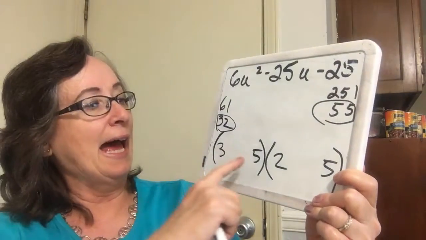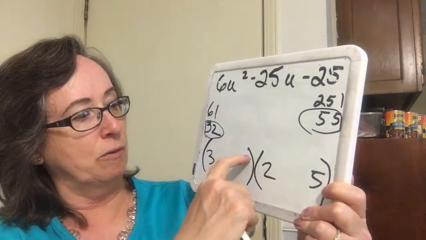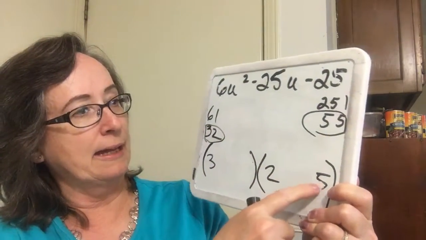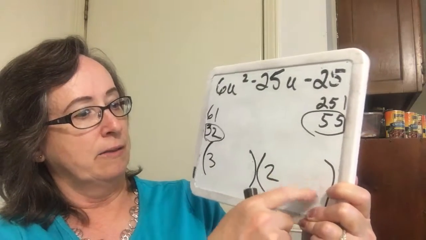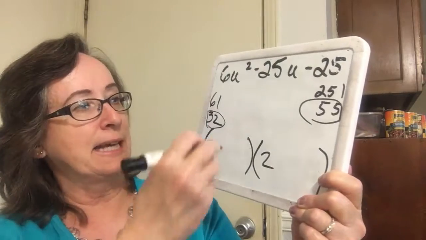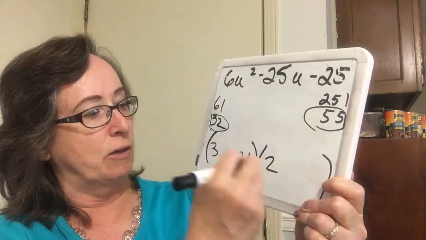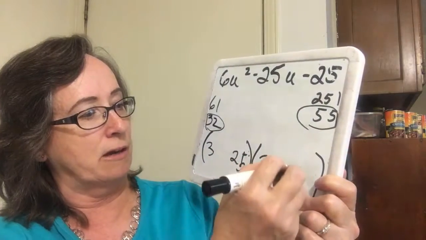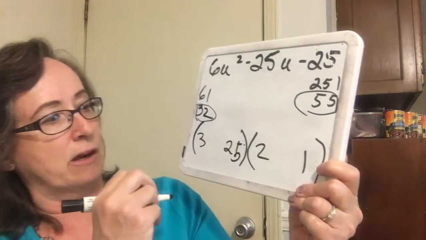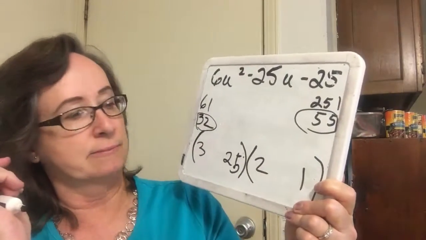Now, with the 3 and the 2, I can go ahead and try the 25 and the 1. If I did the 25 and the 1 with the 3 and the 2, I would have to do 25 there and the 1 there, and I would get a 50 minus a 3.